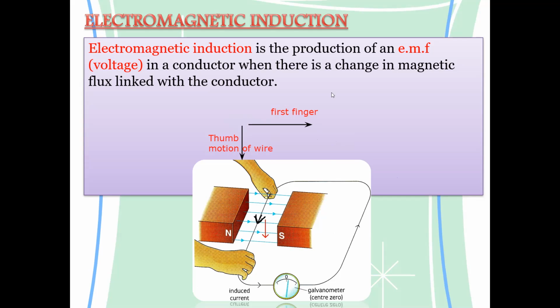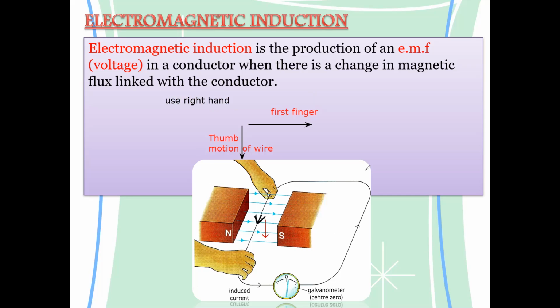The first finger, the index finger, you use the right hand. Using the right-hand rule, the first finger should point in the direction of the magnetic field, towards the south pole.